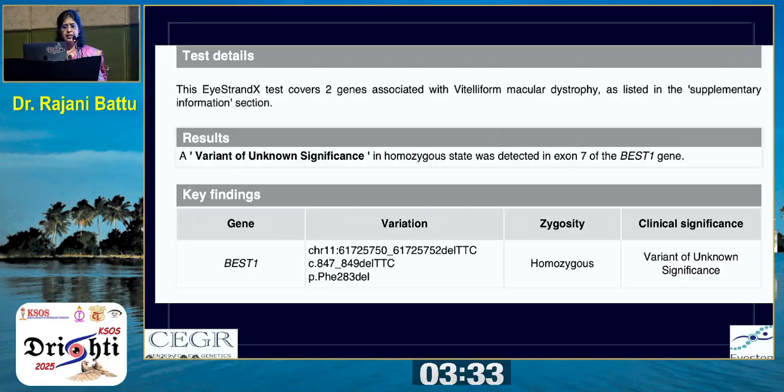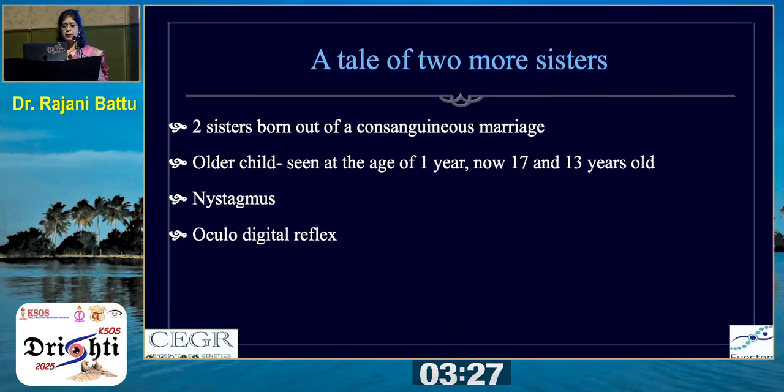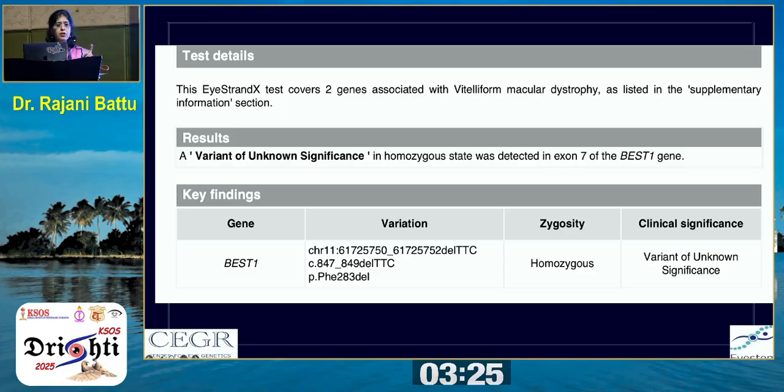Of course, we did genetic testing and we did find that this patient had 2 copies of the BEST1 gene. One of the important aspects of this disease is that 50% of patients have only angle closure glaucoma in the absence of a retinal finding. So it's very important to really look at the extended families in these patients.